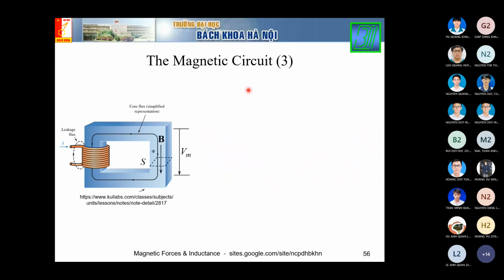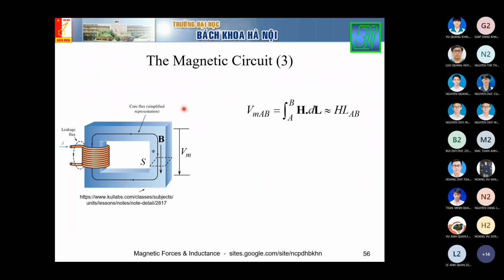Okay, so analyzing a magnetic circuit is to find the currents and the fields, for example. In the process of analyzing a magnetic circuit, unlike analyzing an electric circuit, we use only three formulas. The first one is the scalar magnetic potential, VMAB.